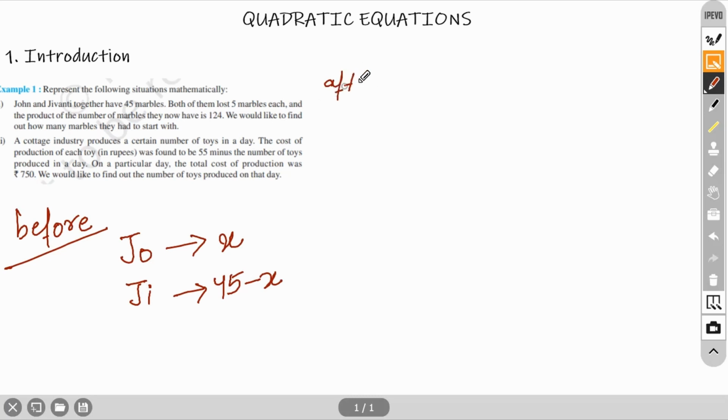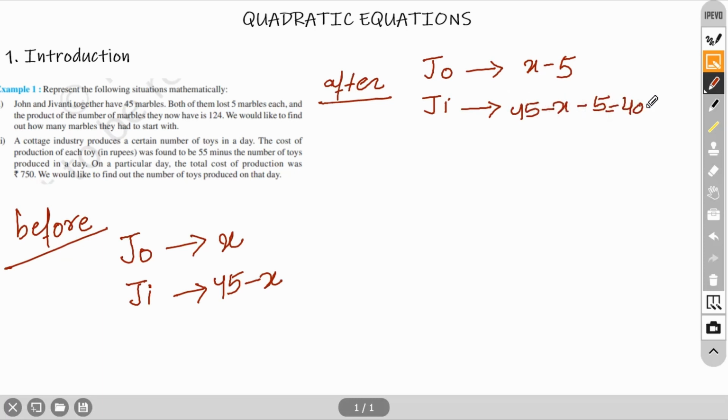Now what happens now that they both lost 5 marbles. So the number of marbles that John has now is x minus 5. And Jivanti will have 45 minus x minus 5 marbles, which is equals to 40 minus x marbles.